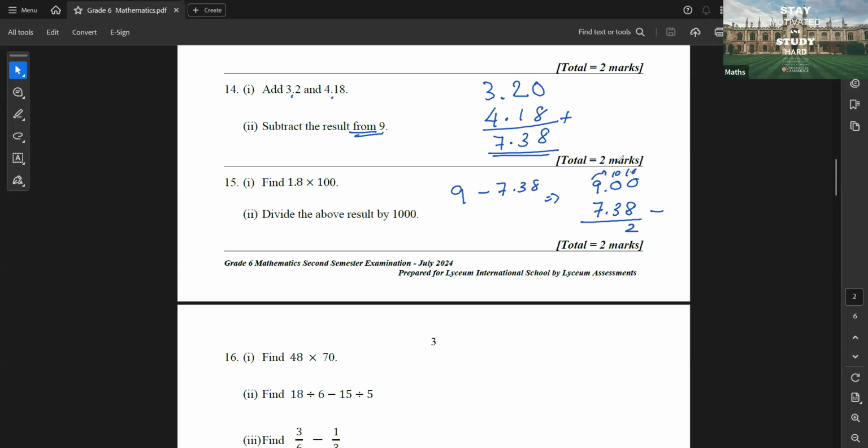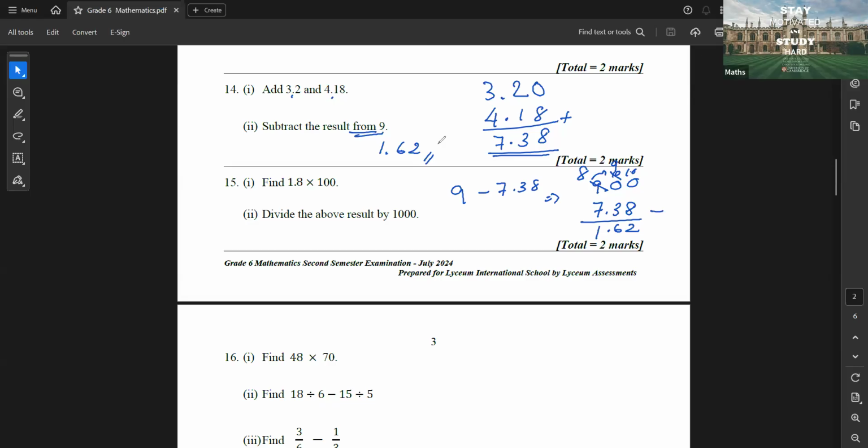This is not 10 now, it's 9. 9 minus 3 is 6. Here give a decimal point. Here not 9, it's 8. 8 minus 7 is 1. So the answer is 1.62. That is the question we discussed.